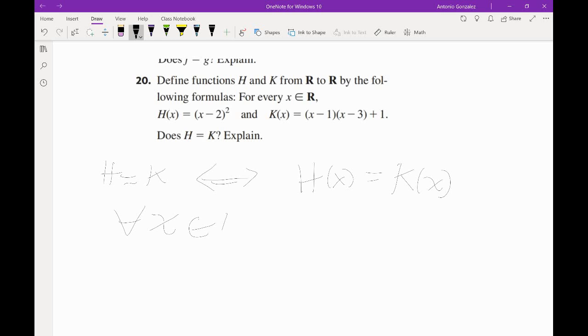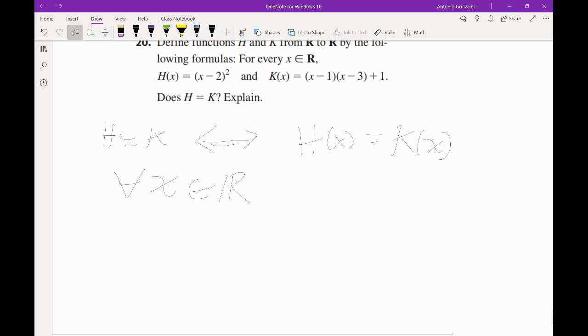One thing we can do is expand to show that it is actually the same function. H of x is equal to x squared minus 4x plus 4.